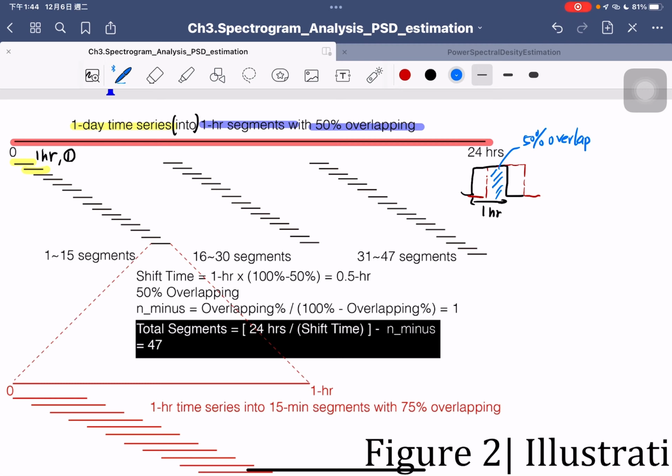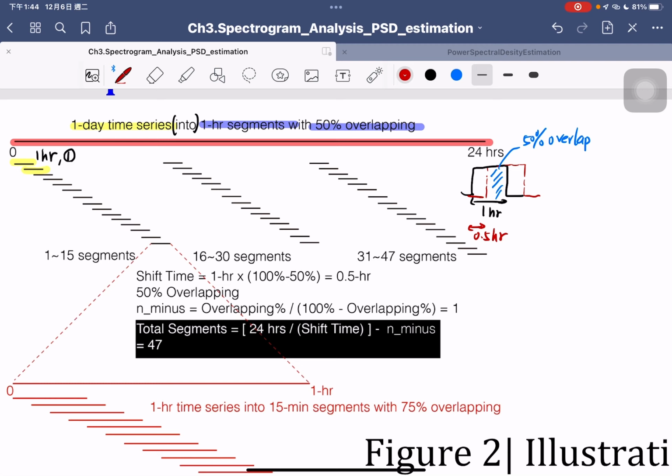Okay, that indicates from the first window to the second window, I only move half an hour, because one window's length is 1 hour, and I allow the percentage overlapping. So the second window will only move 0.5 hours to the next window.